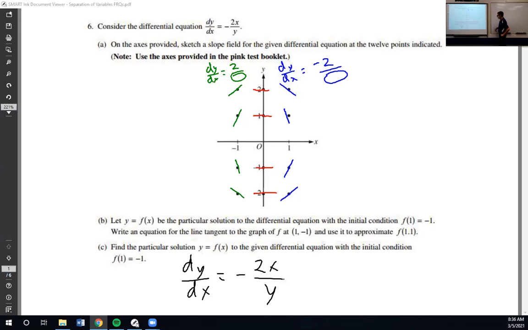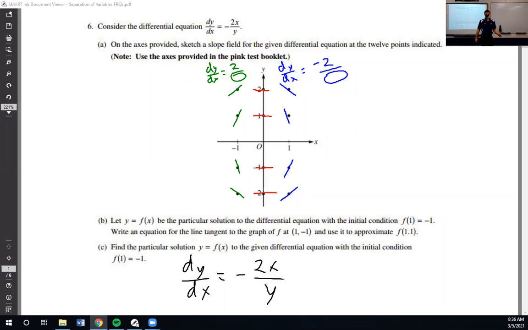Part B, let y equals f of x be the particular solution to the differential equation with the initial condition f of 1 equals negative 1. Whenever you see that, that's a clue that we're about to do some separation of variables. In fact, that's what we're going to do in part C. In part C, it says find the particular solution given the initial condition f of 1 equals negative 1.